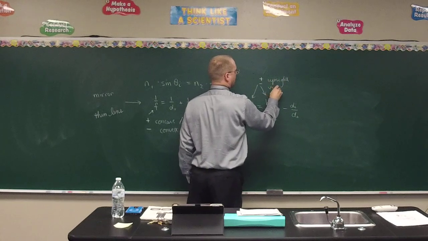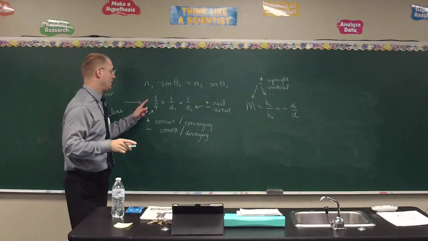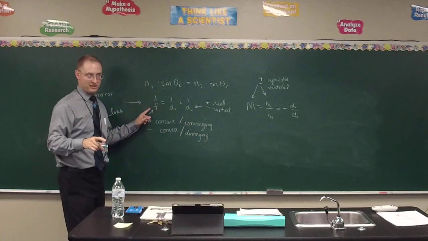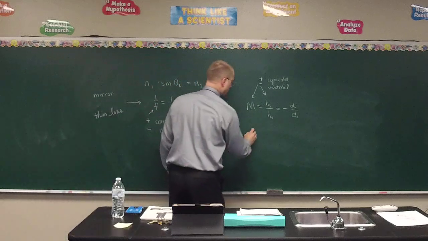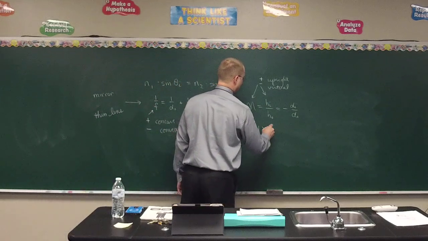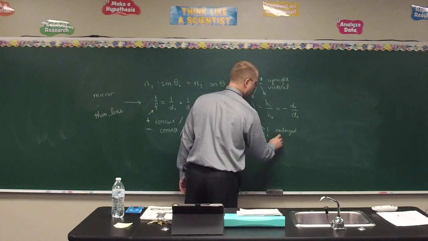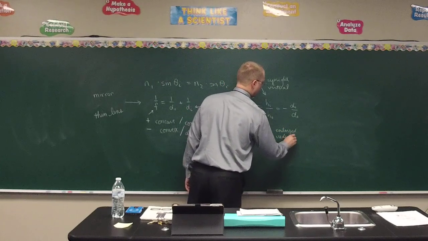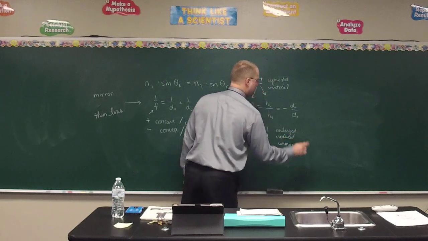Negative means virtual. Just as a reminder, 1 over f. Don't forget the reciprocal at the end, 1 over f. Also for the lateral magnification, greater than 1 is enlarged, less than 1 is reduced, equal to 1 is unmagnified.